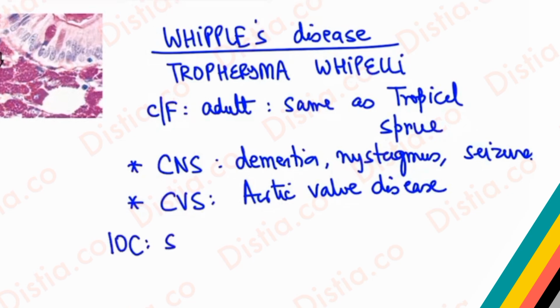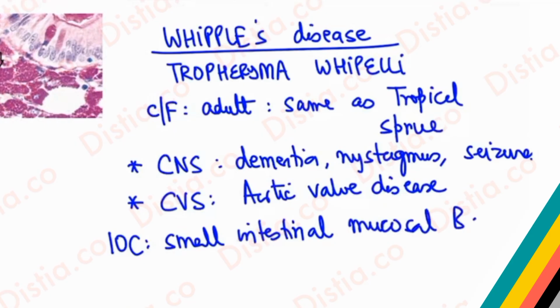For diagnosis, I will be doing a small intestinal mucosal biopsy, and then we will use a special stain called PAS, or Schiff's reagent. Small intestinal mucosal biopsy has a high diagnostic yield in this case.